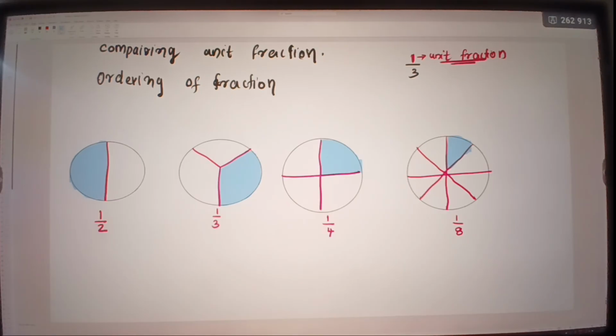Now look at the regions. Which unit fraction has more region? When you look at the unit fractions, half has more region.